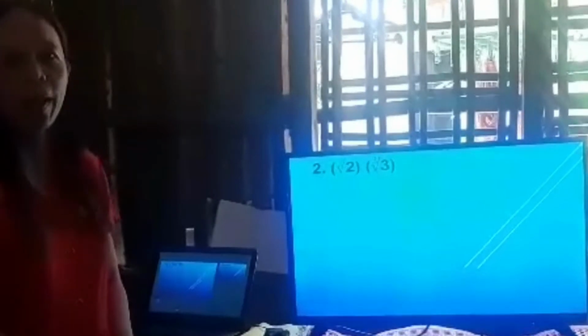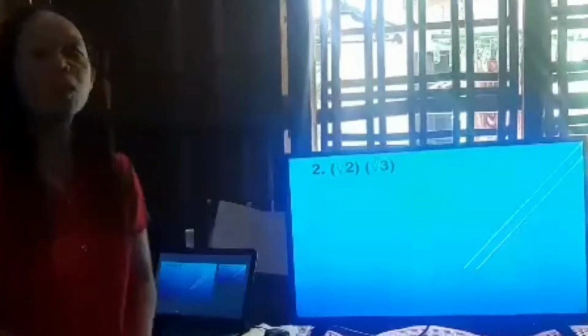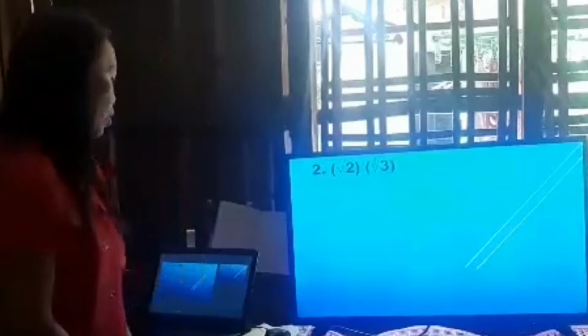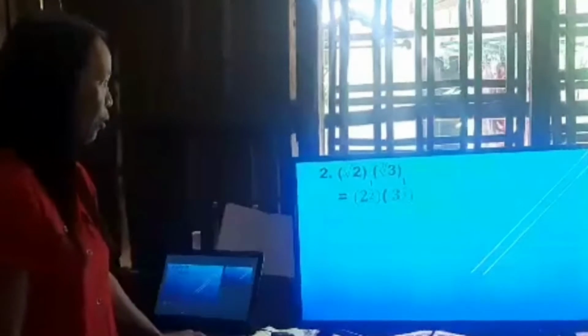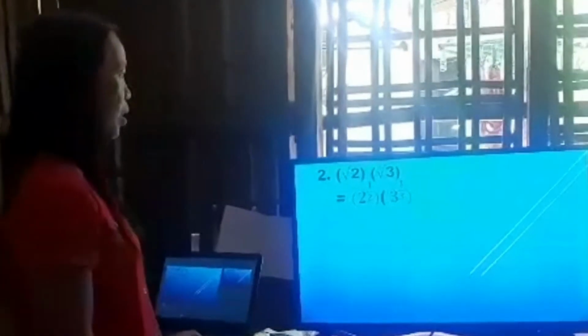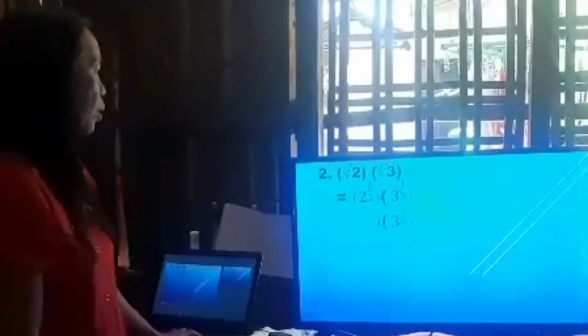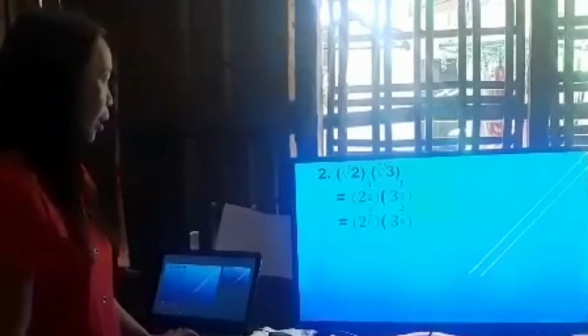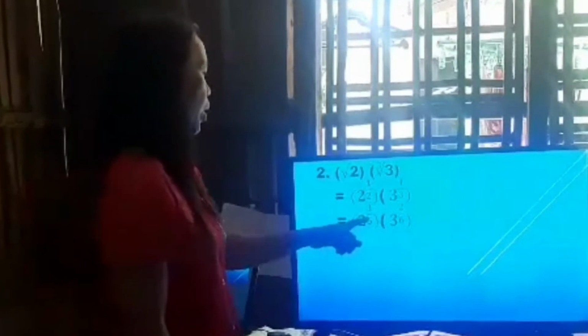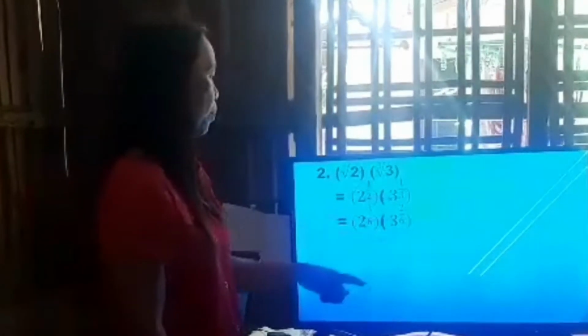We are going to transform this to a rational exponent. So we have 2 to the exponent 1/2 times 3 to the exponent 1/3. The common denominator is the LCM of 2 and 3, which is 6.